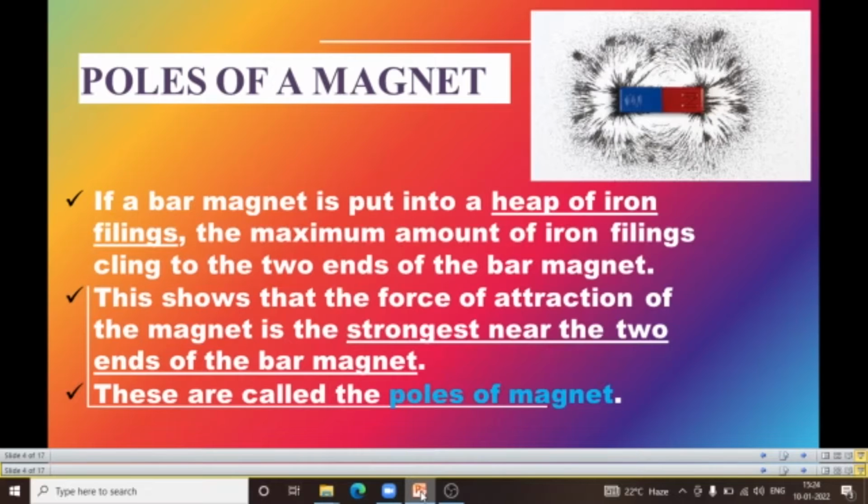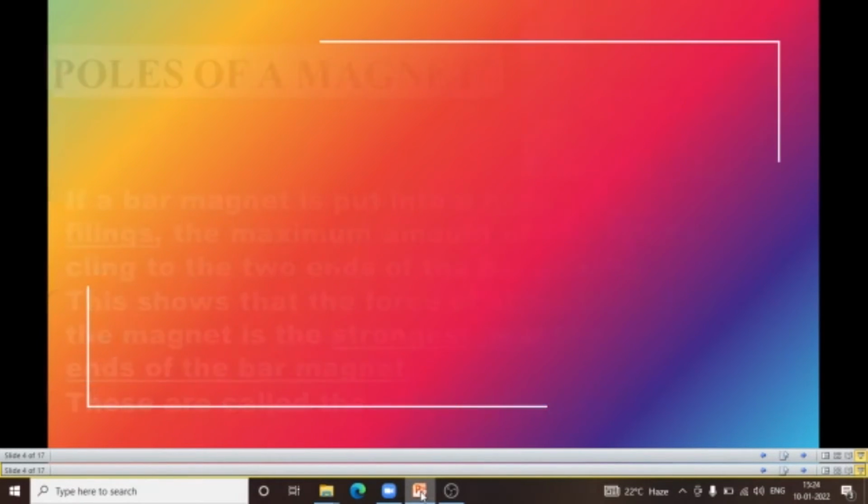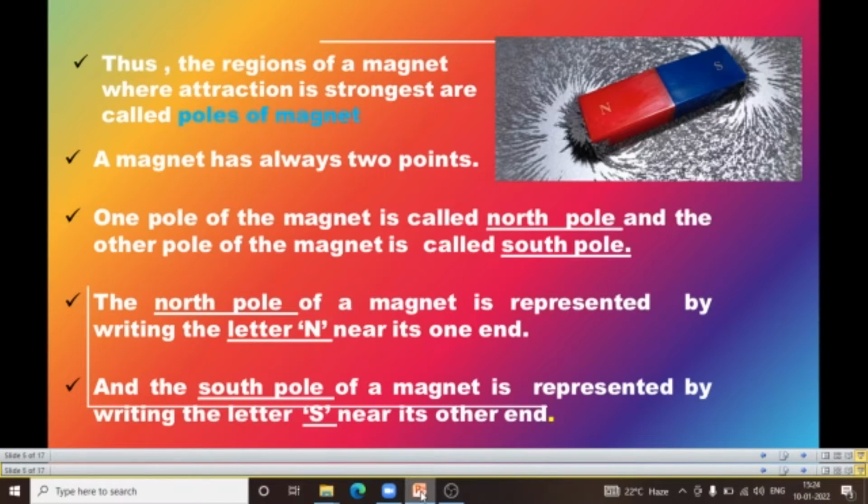So these are called the poles of the magnet. The region of a magnet where attraction is strongest is called the poles of a magnet.